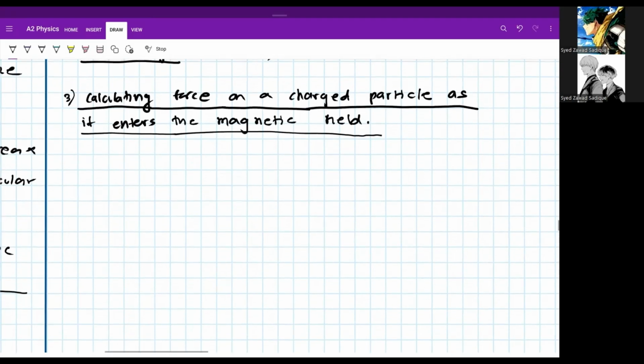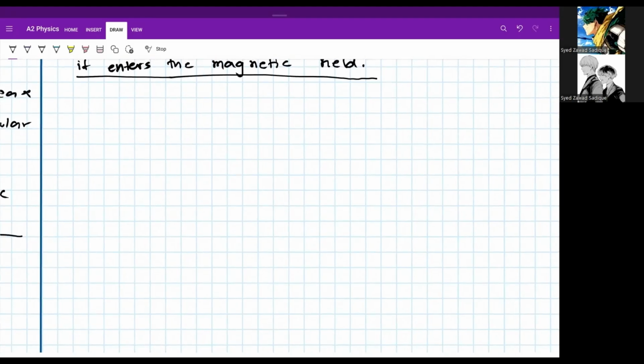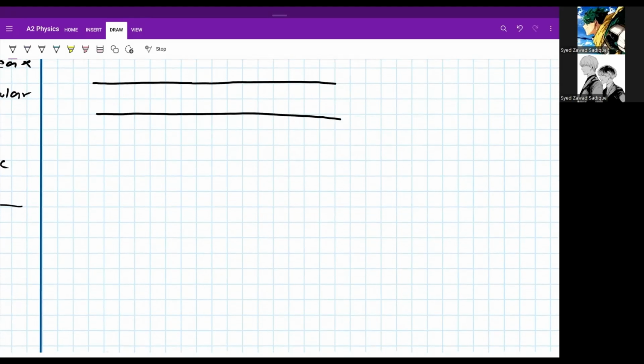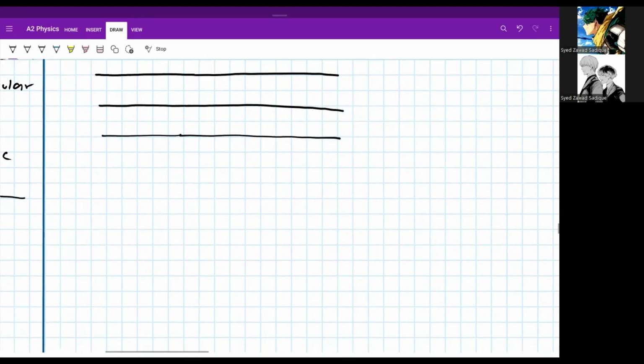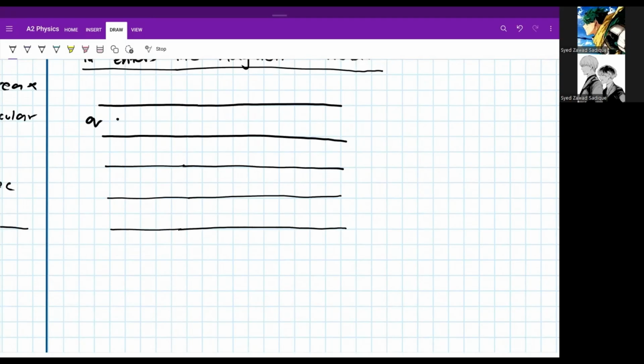Wasted my space by drawing 2 lines, but whatever. Okay, now let's say this is the magnetic field. Let's say these are all charges.